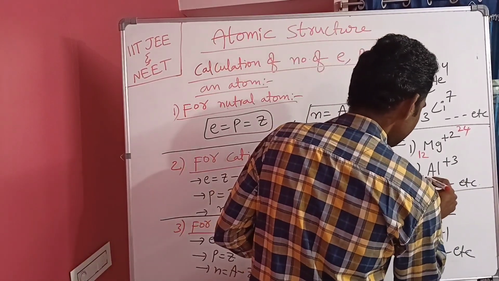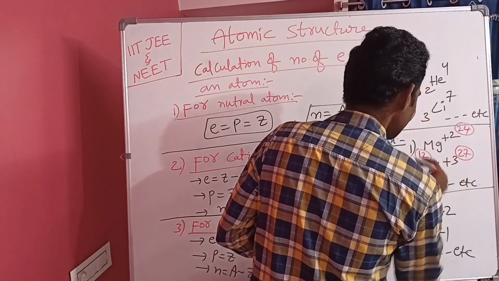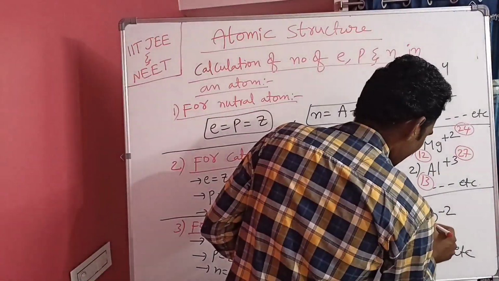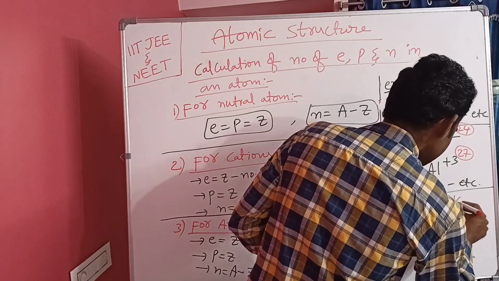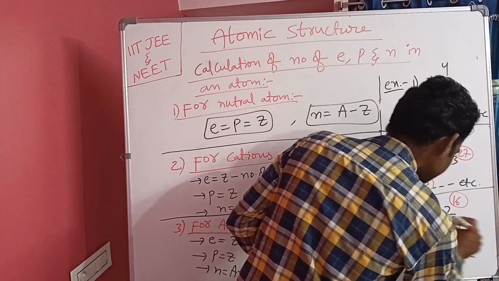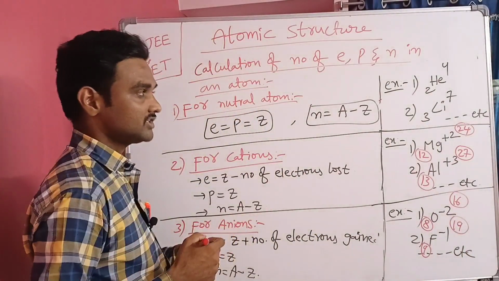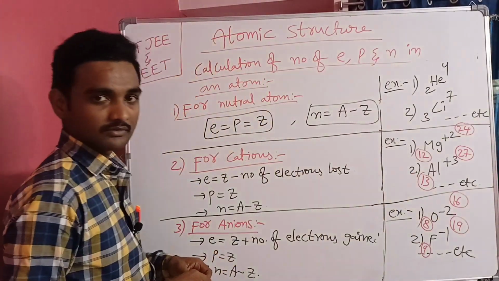Here 13, 27. Okay. And for anions, example oxygen 8, atomic number 8, atomic mass number 16. Here 9, 19. These are examples you have to try. You have to calculate the number of electrons, protons, neutrons present in all of these.